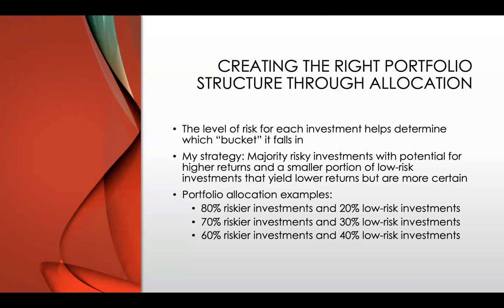If you have $1,000 in your portfolio that you're going to invest, you need to think about what percentage of that is going to go towards trading, what percentage towards lending, and what percentage towards staking. And then you start to think about risk, and which bucket your capital is going to go in. There are two buckets: riskier investments and less risky investments, for the sake of this conversation.